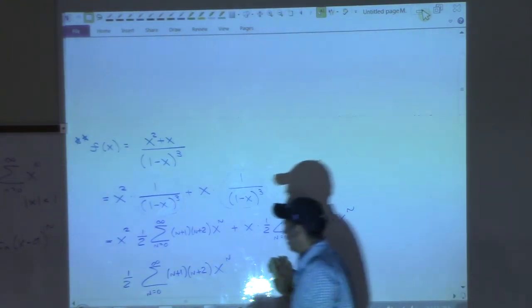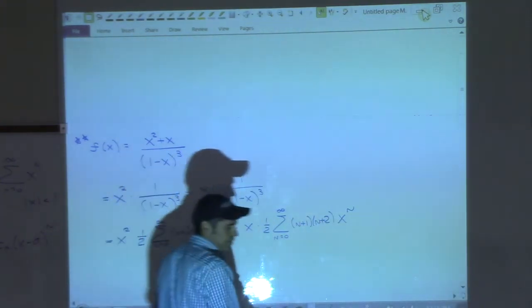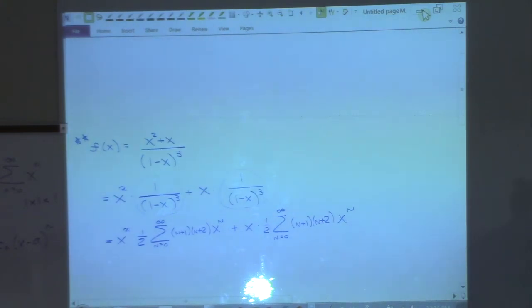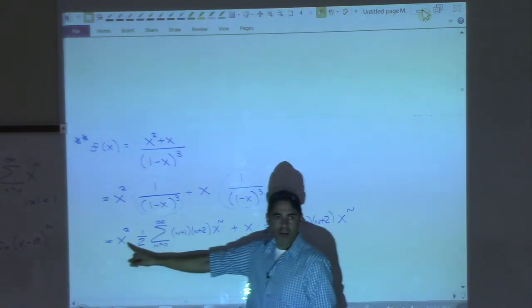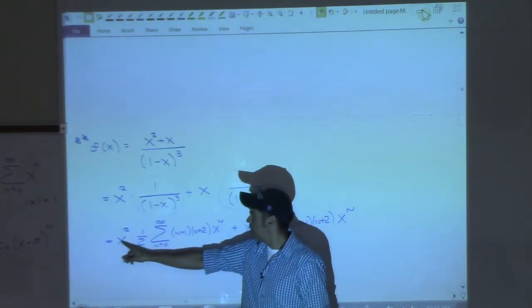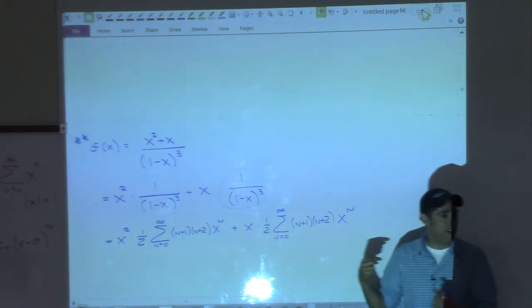Have we rewritten this as a power series? Almost. It's a sum of two power series. We got to get those two together, right? But we've got x's out front, don't we? See the x's out front? X squared, x. Let's push those in.